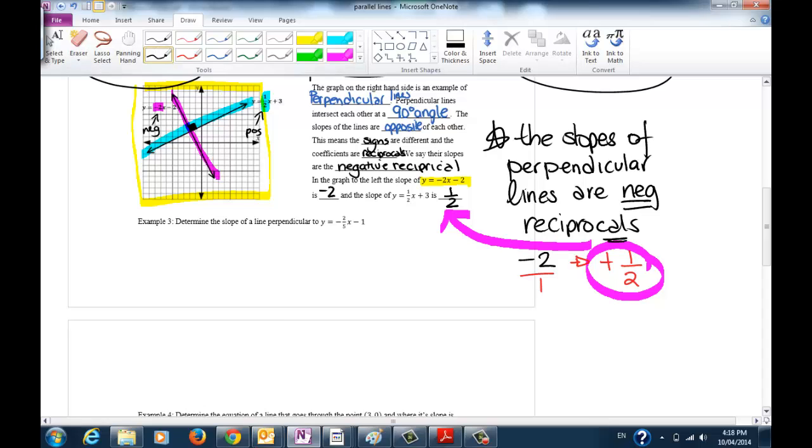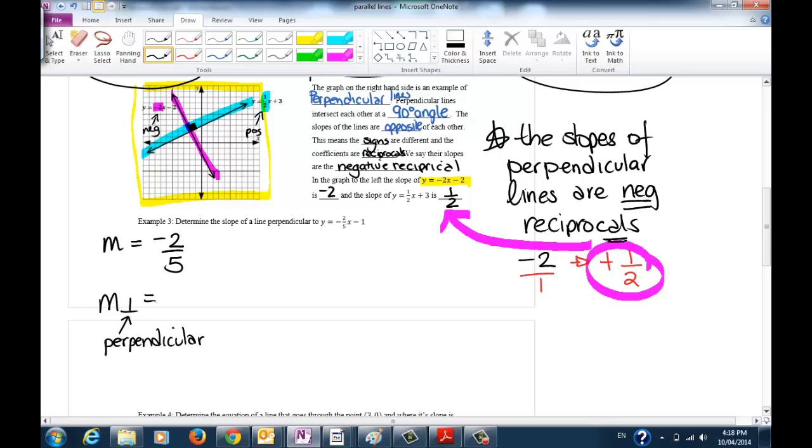Determine the slope of a perpendicular line to y equals -2/5x minus 1. All right, so the slope of our line is equal to -2/5. Now, I'm going to find the perpendicular slope. This little symbol here means perpendicular, just so that you can tell the two different m's apart.